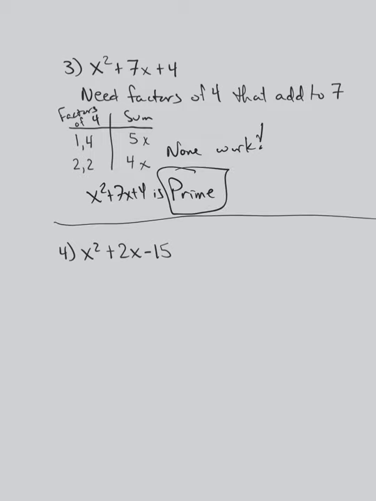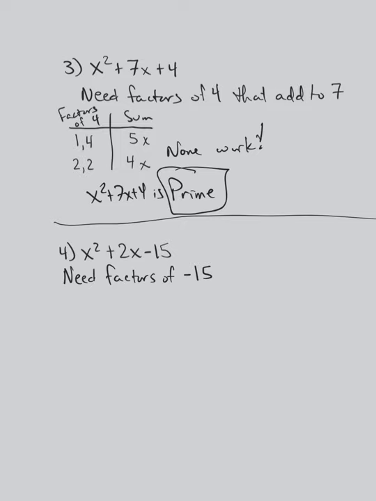Okay, now as soon as you start thinking things are pretty easy, they get a little bit tricky whenever we start putting subtractions in. So here we need factors of negative 15. Okay, do you see that? I meant to pause and ask you. All right, so we're not just looking at the number, that sign's important. If you're wondering why I'm saying negative 15, remember I can think about that as being plus negative 15.